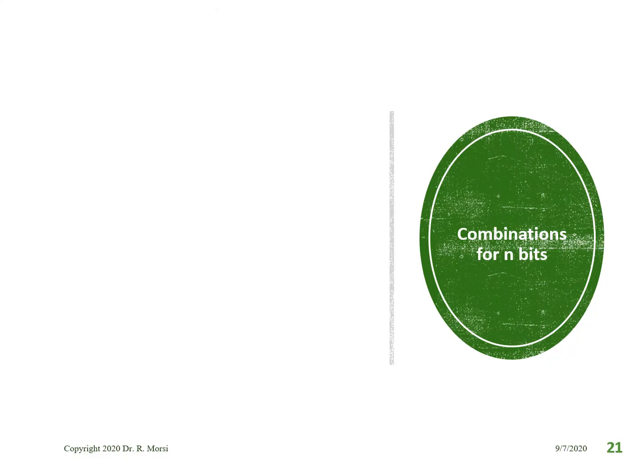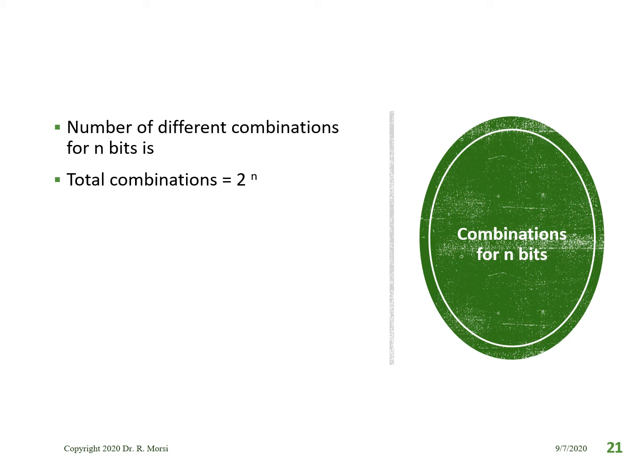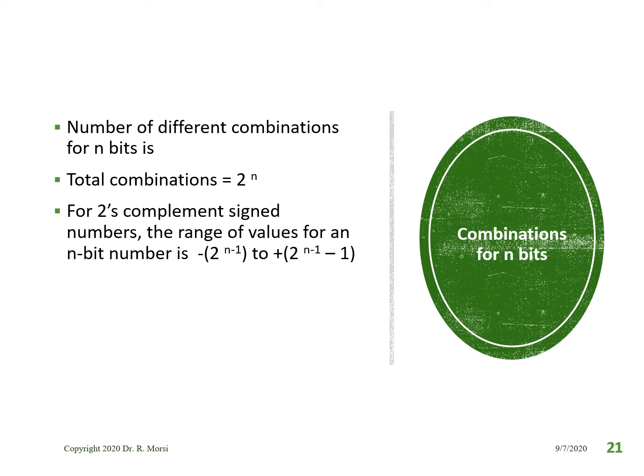Now, if we want to look at how many combinations you can get for n bits, the total number of combinations is basically 2 to the power n. That gives you the number of combinations. For 2's complement signed numbers, the range of values for an n-bit number is -2 to the n minus 1 to +2 to the n minus 1, minus 1.